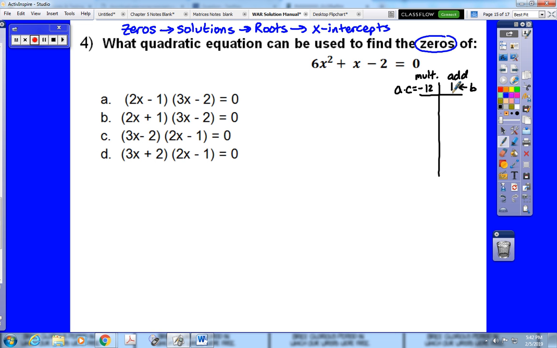Well, b is 1, positive 1. So when we look at numbers that multiply to 12, there are only so many options, 6 total. We're looking for the pair that adds to positive 1. That would be this set.